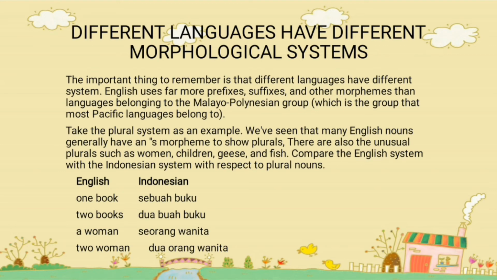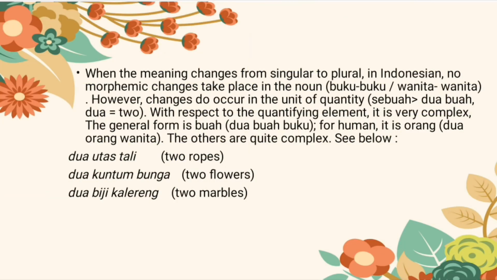You can look at this example in English and Indonesian. For the English, for example, is one book. In Indonesian is sebuah buku. And what else? When the meaning changes from singular to plural in Indonesian, no morphemic change takes place in the noun. However, change does occur in the unit of quantity, from sebuah to dua buah.